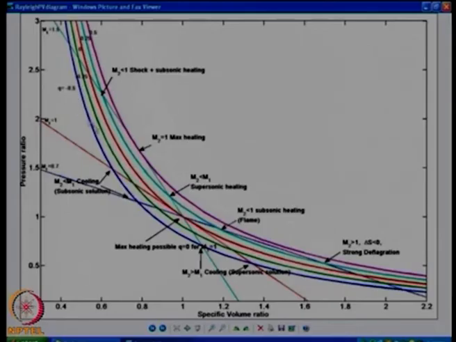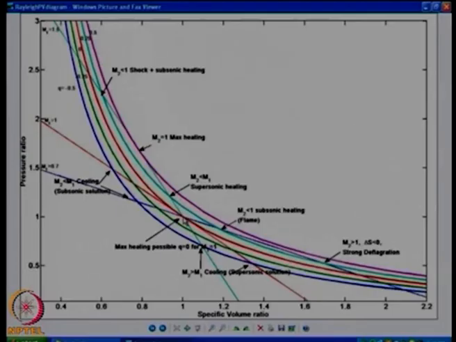Now if I look at the curve, let us say I want to start at this point and I say q equal to 0 line. If I think about a Rayleigh line for M equal to 1, then there is no other solution other than this. What does that mean?